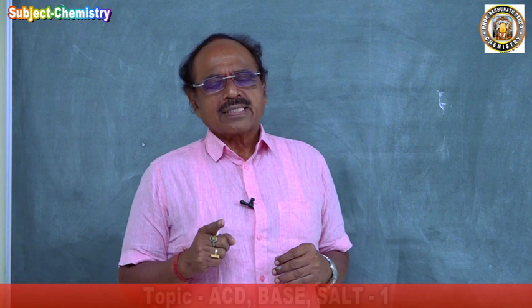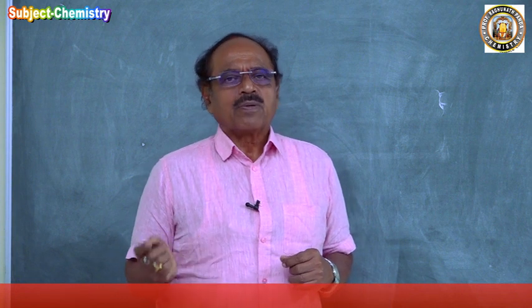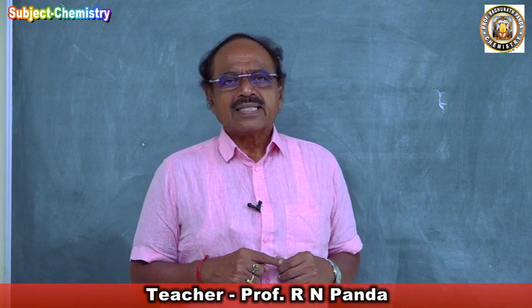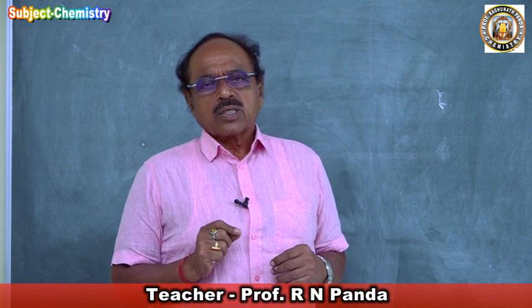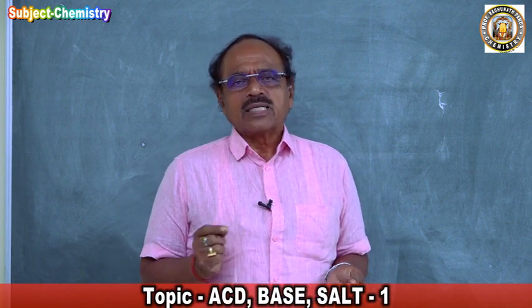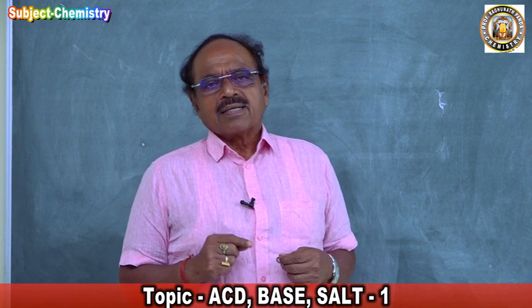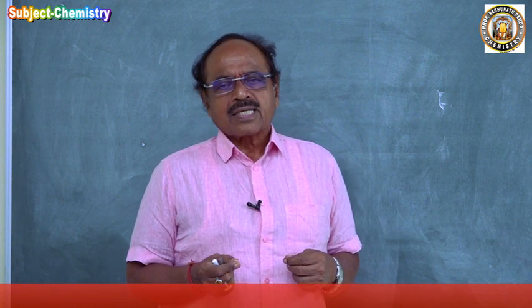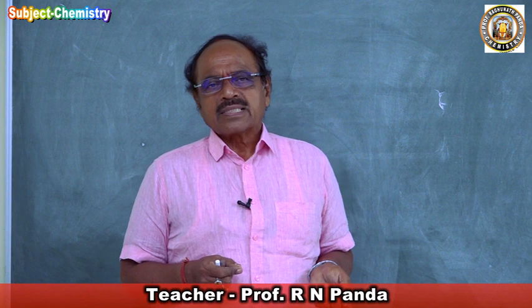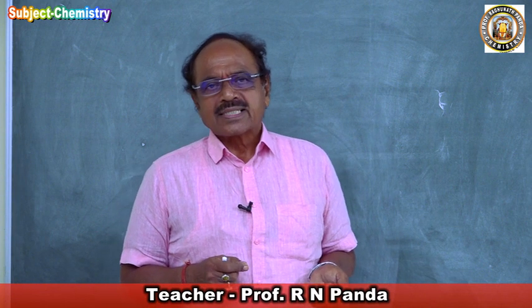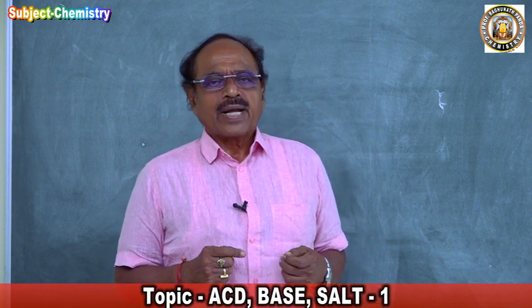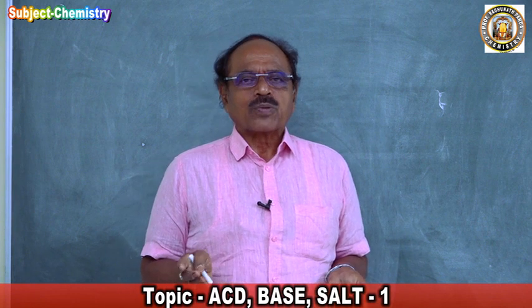ClO4- perchlorate combines with H+ to form HClO4, perchloric acid. ClO3- chlorate combined with H+ gives HClO3, chloric acid. ClO2- chlorite combined with H+ gives HClO2, chlorous acid, and ClO- hypochlorite combined with H+ forms hypochlorous acid.